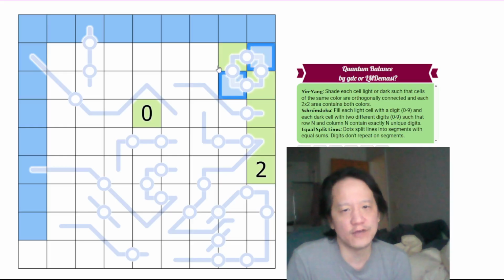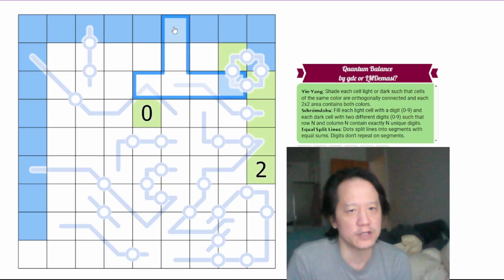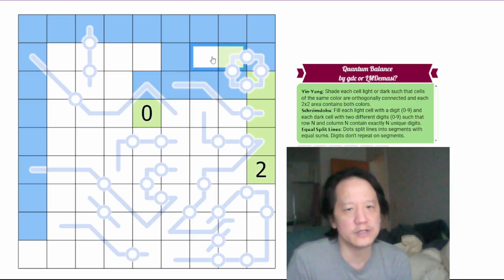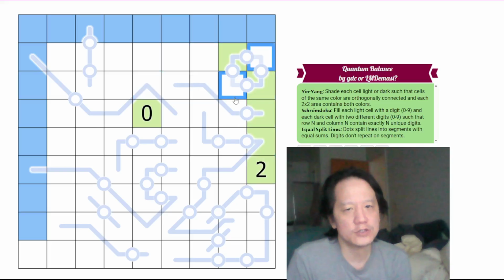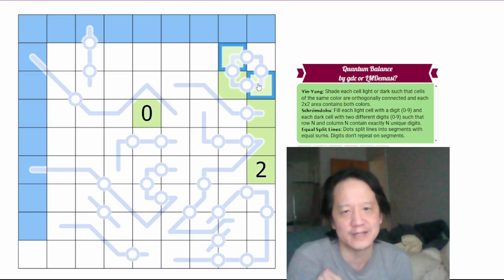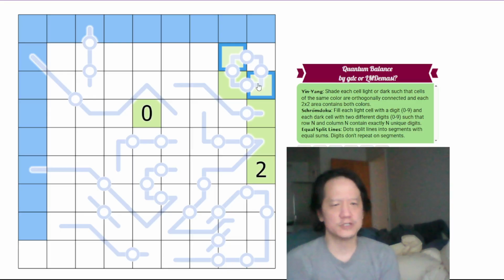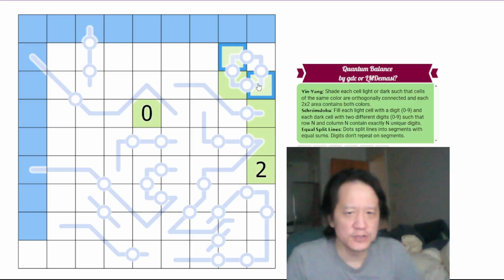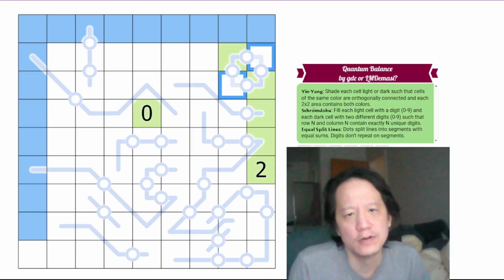But if you try to have opposite colors and then try to orthogonally connect them, that would break the other region into 2 separate regions, which is not allowed. So this must be green, but this sums up to the same sum as these 2, which is impossible for green. So that's not going to work here.